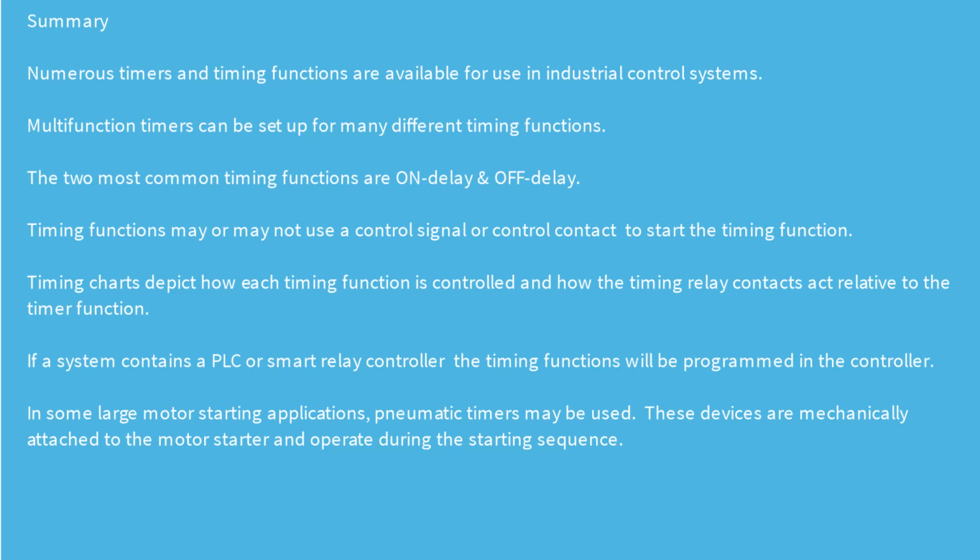Timing functions may or may not use a control signal or control contact to start the timing function. Timing charts depict how each timing function is controlled and how the timing relay contacts act relative to the timer function.